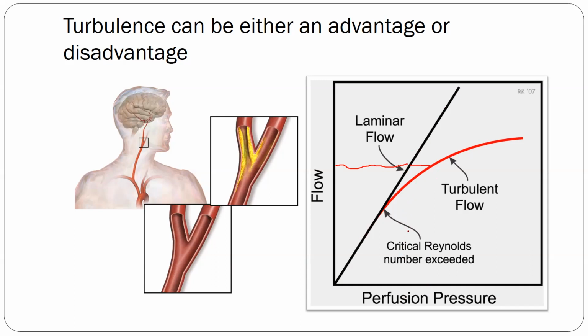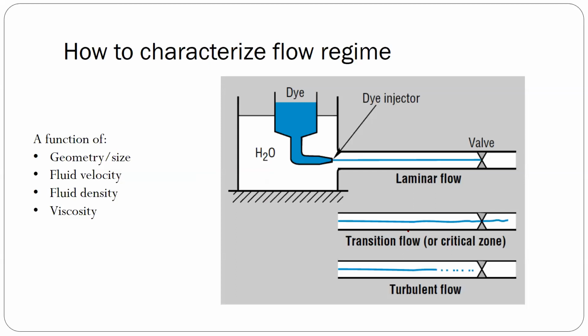All right. So we want to characterize the flow regime. So the question is how? So turbulence or laminar, okay, depende yan perhaps sa geometry or size ng kung saan may flow.